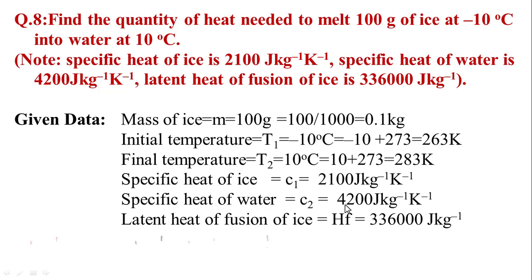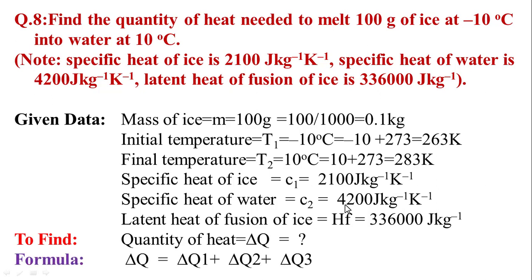Now we can find delta Q, the quantity of heat. Here we use the formula delta Q is equal to delta Q1 plus delta Q2 plus delta Q3. Here we find three quantities of heat, then the sum gives the total heat.